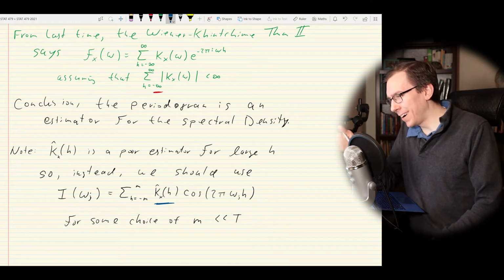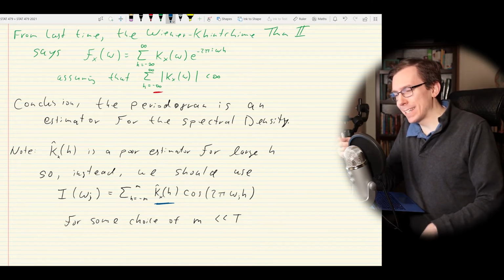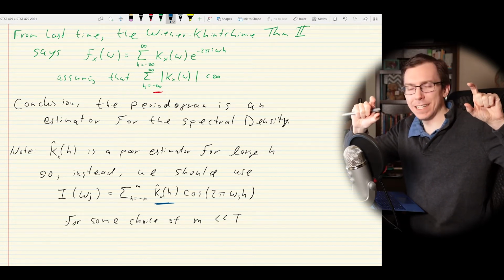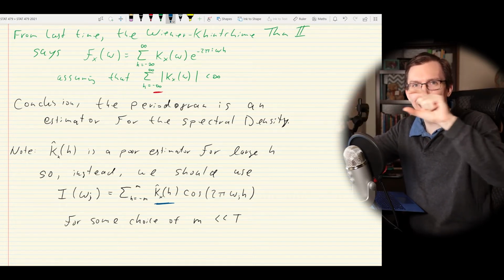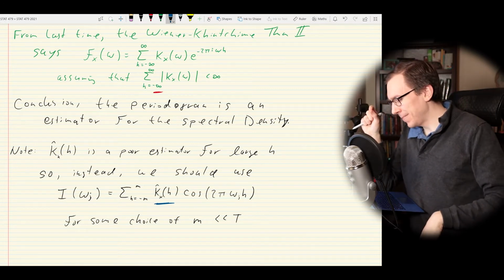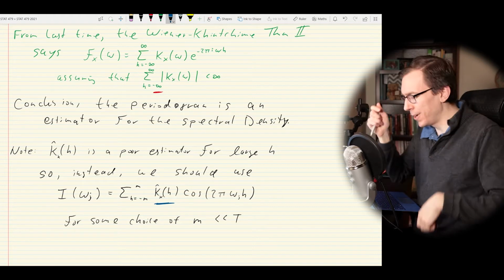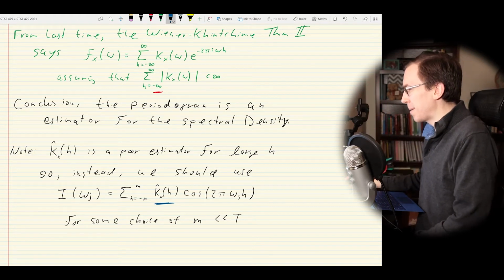Right? When we estimate the autocovariance for a stationary process, we basically take a window of 2 data points of distance h apart from each other, and we slide that along the data. If h is really big, there's a lot less sliding we can do versus if h is small. So just good things to remember.